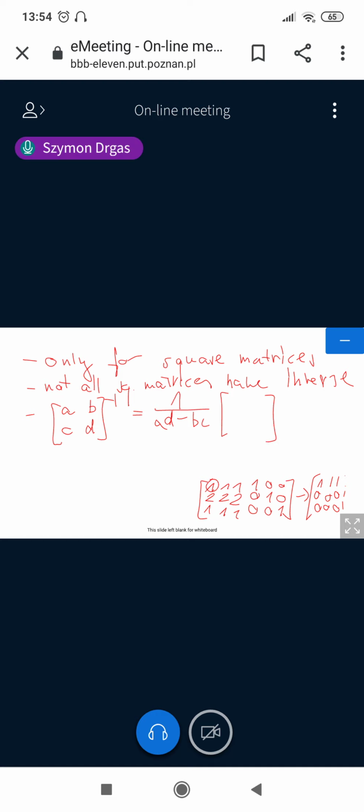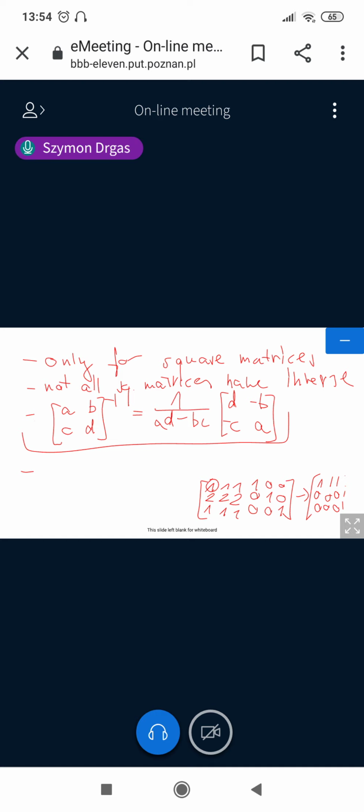Then you multiply it by the matrix where on the diagonal you change the order of these two elements, and you also change the signs of the off-diagonal elements. So here we have minus b and minus c. That's an easy formula that we will use a lot later.